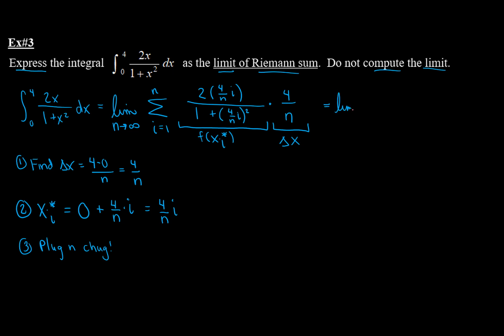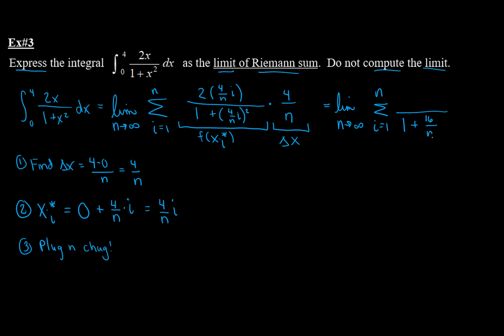They didn't want us to compute the limit, so I don't necessarily know that they want us to simplify it either. I might just do a little cleaning house here. I'm going to leave the 2 on the top, but I'm going to bring this one down here. So I'm going to have 2, 1 plus, should I square it?